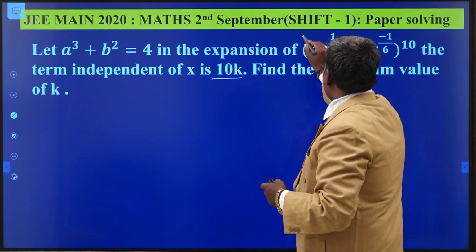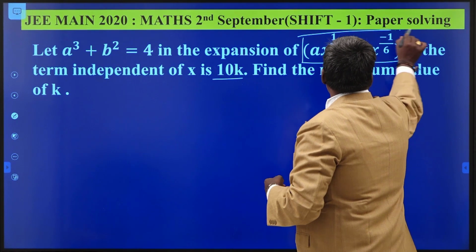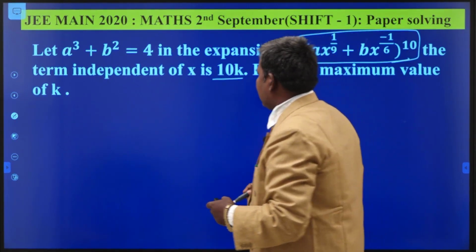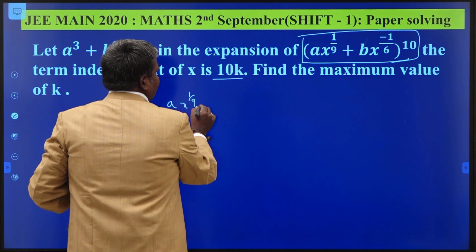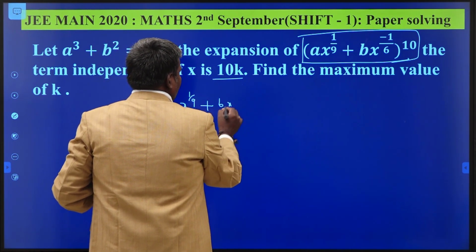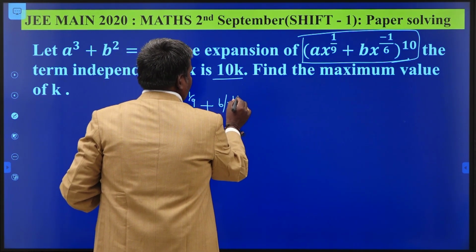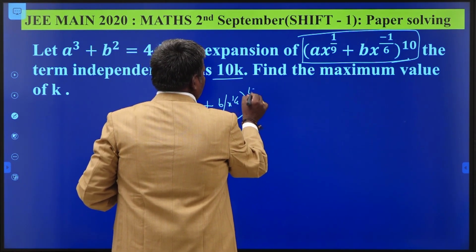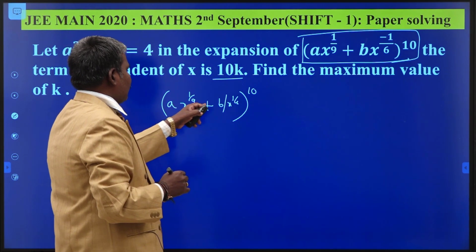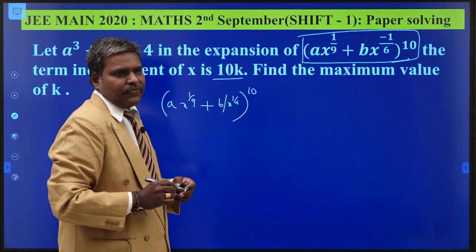First of all, this expression is related to the binomial theorem: a x^(1/9) plus b by x^(1/6), whole to the power of 10. This is of the form (a x^p + b by x^q) to the power of n.